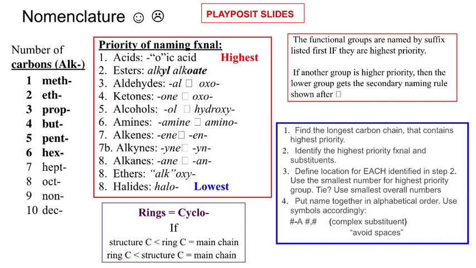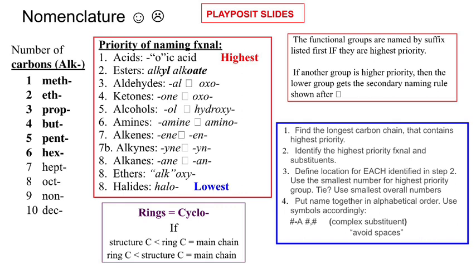So we find our longest carbon chain. We identify the highest priority functional group and the substituents. We then have to define the location for each. The location is our 1, 2, 3, 4, 5, however many we need, but we have to number it so that our highest priority functional group gets the smallest number. So it's not left to right, top, bottom, right, left.